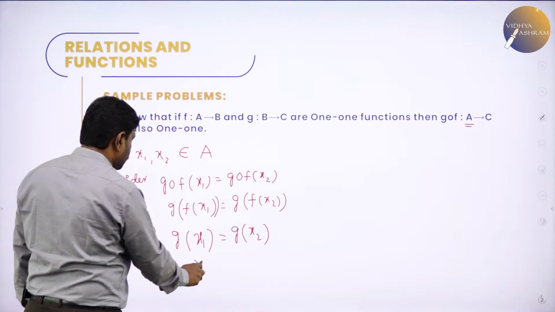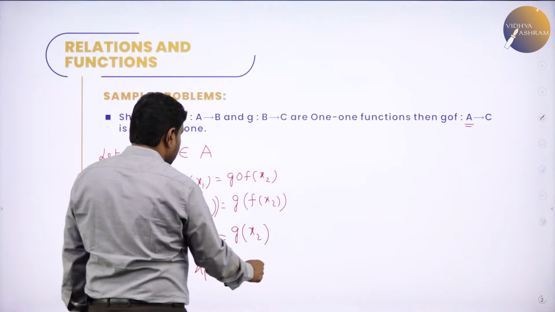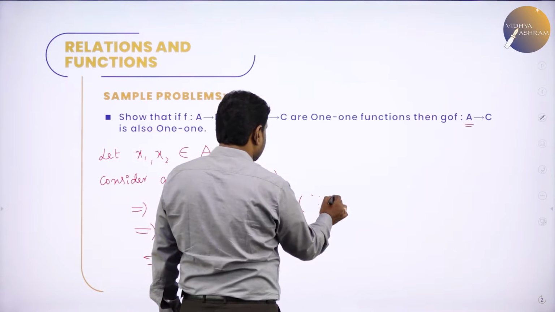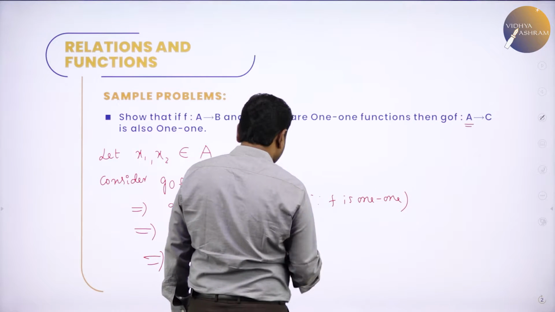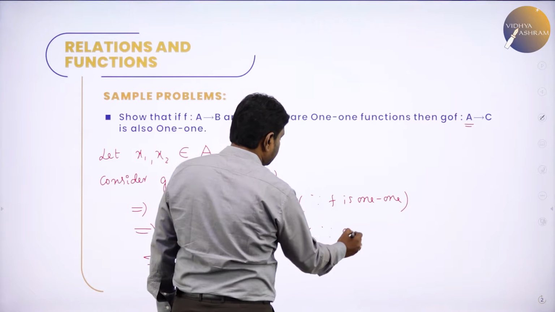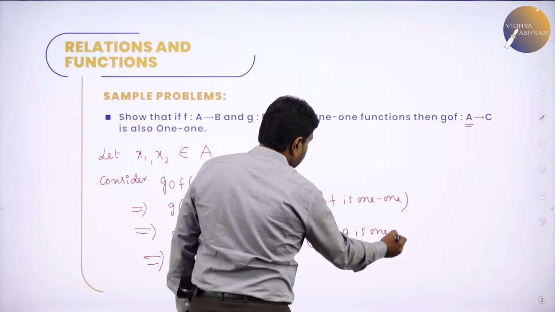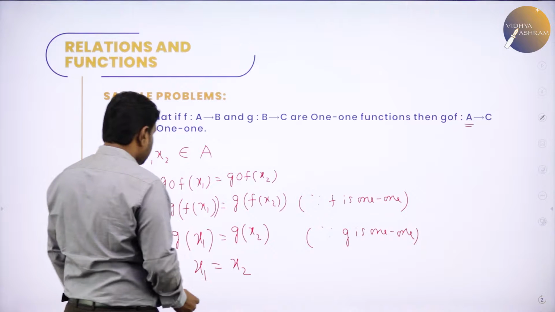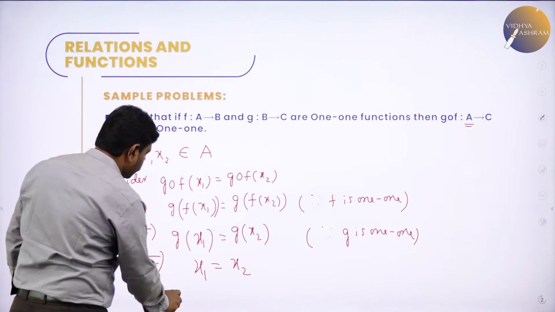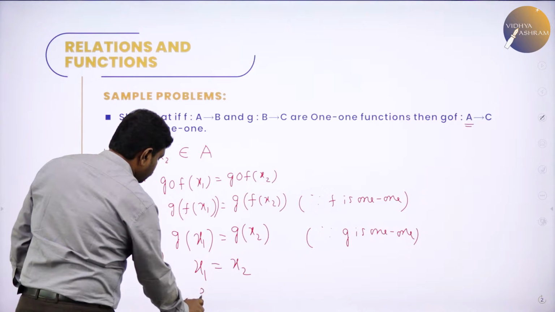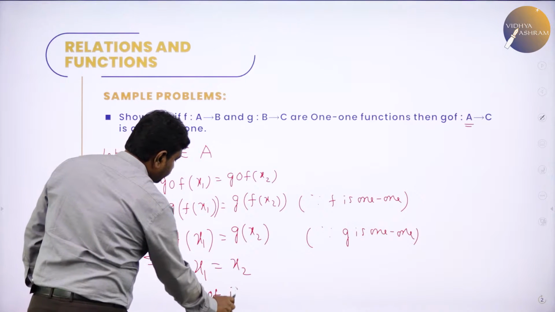Further I can write x1 is equal to x2, since here f is 1 1, since here g is 1 1, therefore GOF x1 is equal to GOF x2. We arrived at x1 equal to x2, therefore GOF is also 1 1.